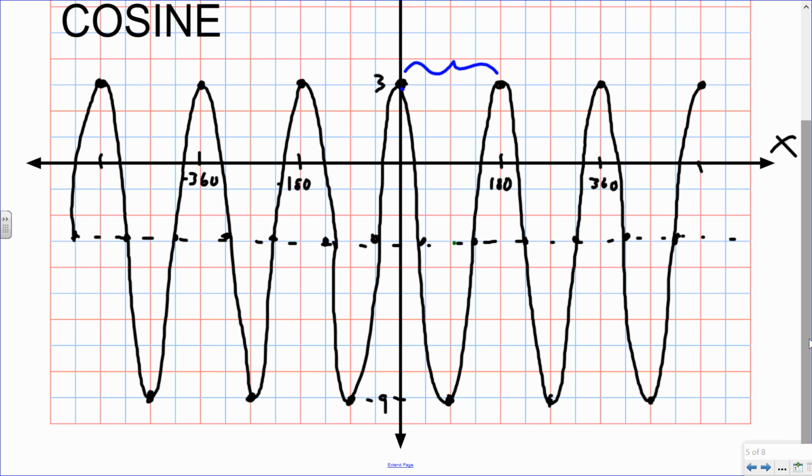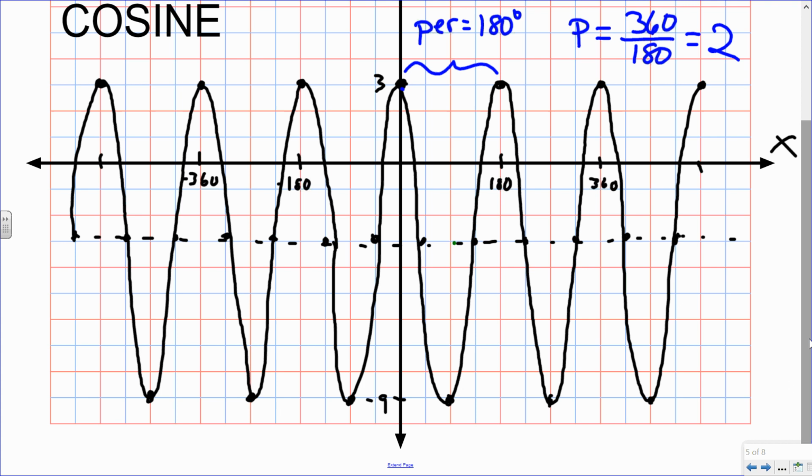Everybody, how far apart? 180, so the period on the graph is going to be 180 degrees, which means the number in the equation, what do I have to do for that? So 360, the normal regular period divided by what I see on the graph, giving me 2. Everybody comfortable with that?